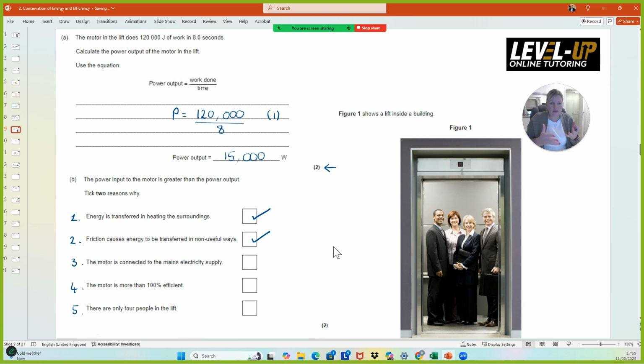We don't need a motor to get hot. We need a motor to move. But wherever we've got 2 surfaces together, like in a motor where we're going to have those cogs all linked together, there's going to be some friction. It's going to produce some heat energy, and we're going to lose that. It's going to be classed as wasted energy. We're going to do a little bit more about that later.